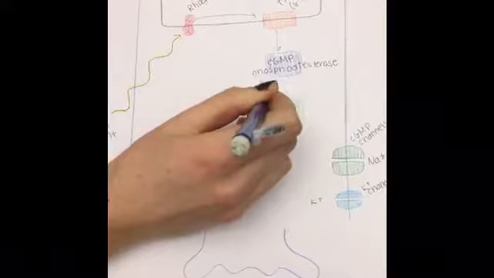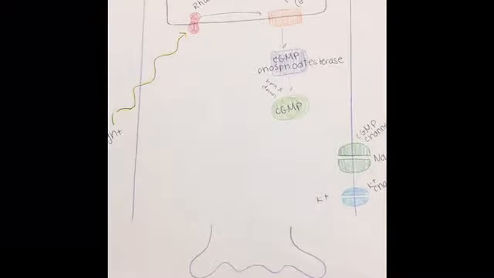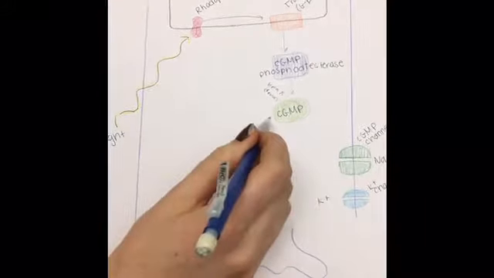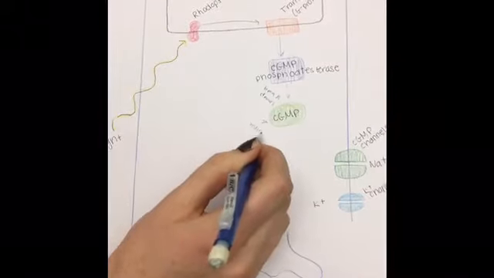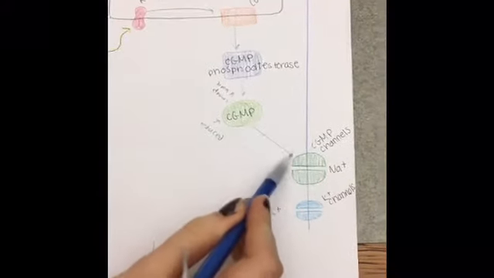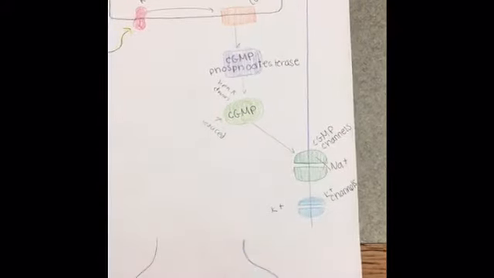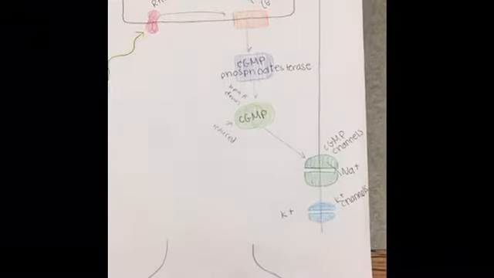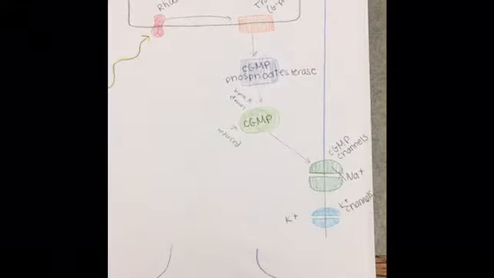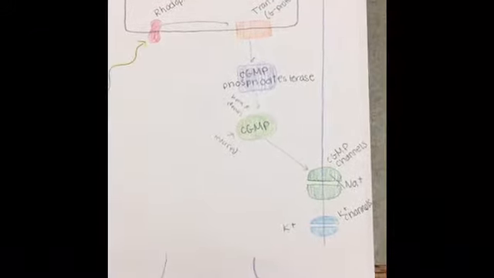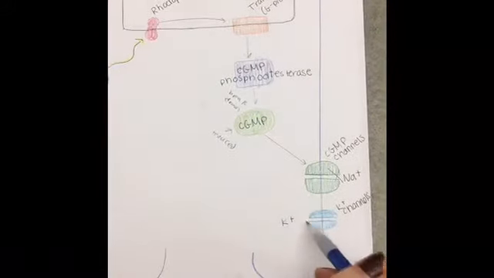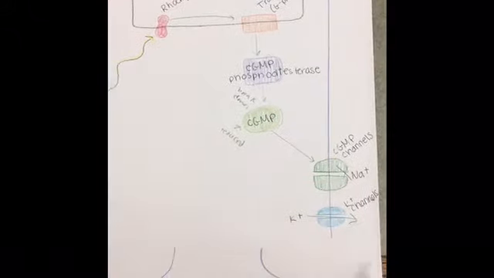cGMP being broken down will result in a reduced level of cGMP. This will result in the closing of cGMP channels, which will inhibit Na from entering the cell. The potassium channels will not be altered and will free flow out of the cell.